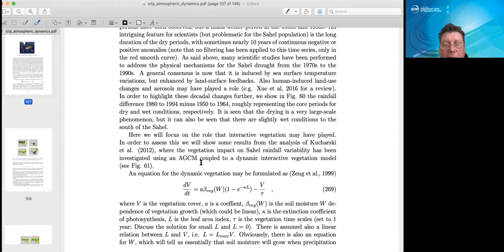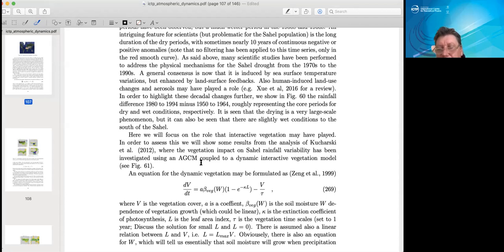But it turns out that maybe we need to go a step further, because the vegetation can also be interactive. In most standard models, particularly weather forecasting but also climate models, vegetation is often just a prescribed quantity, a prescribed climatology. It doesn't interact with the rainfall, for example, and sun.